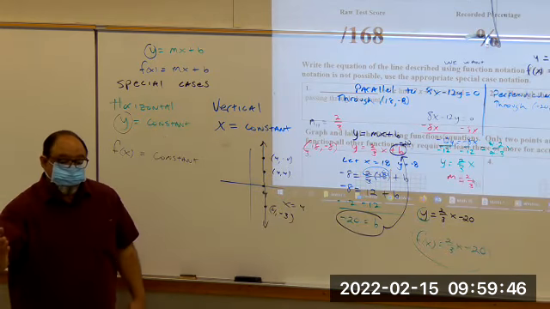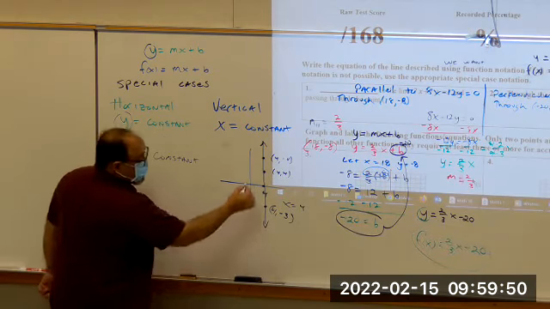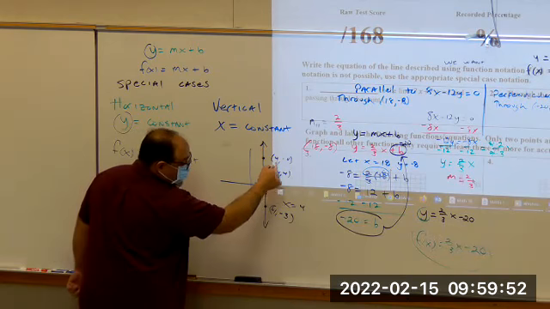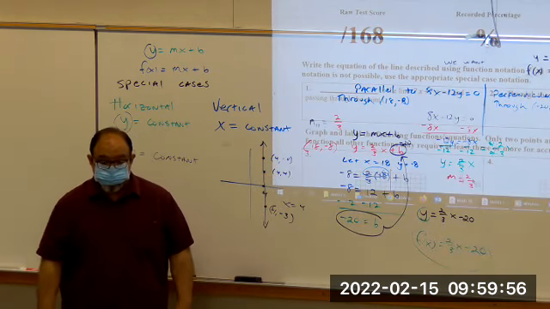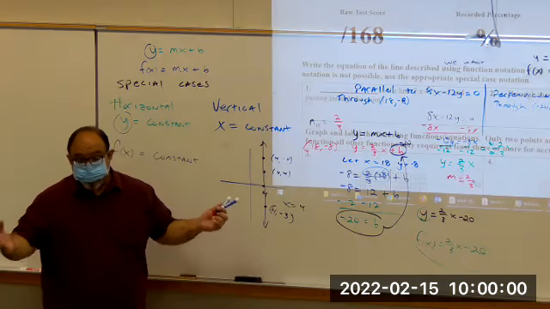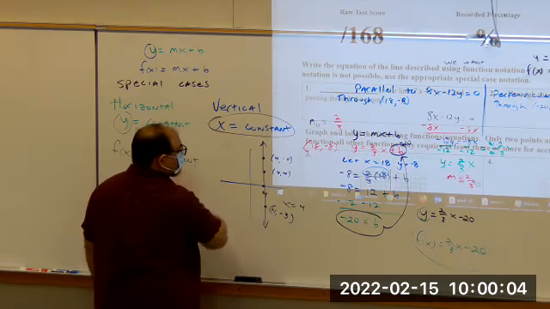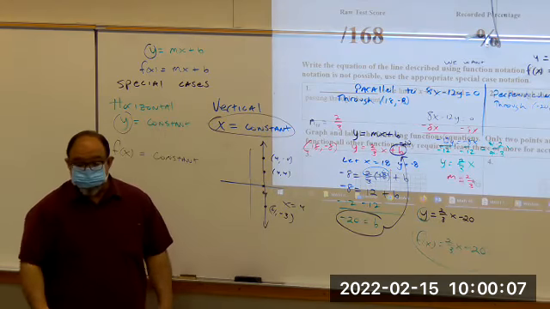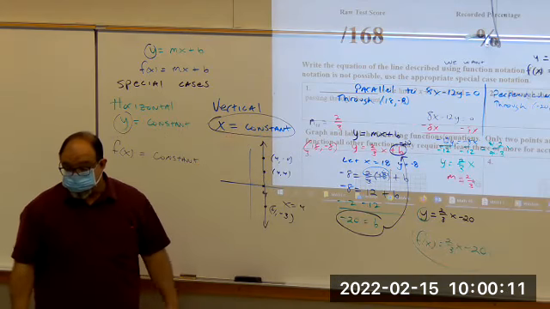In order to be a function, the x's cannot repeat. On a vertical line, all of the x's repeat. The x's are always 4. Vertical lines can't be functions. So the vertical line is the only one you cannot write as a function. So how do you make the equation? Whatever x equals. Use the appropriate special case notation. Okay.